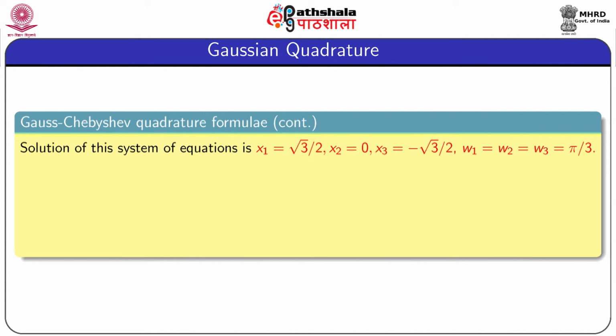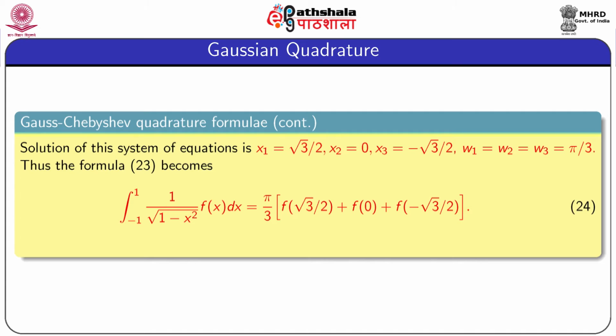So, solving these equations, we get x1 equal to root 3 by 2, x2 equal to 0 and x3 equal to minus root 3 by 2, and w1, w2, w3 are equal and the value is pi by 3.